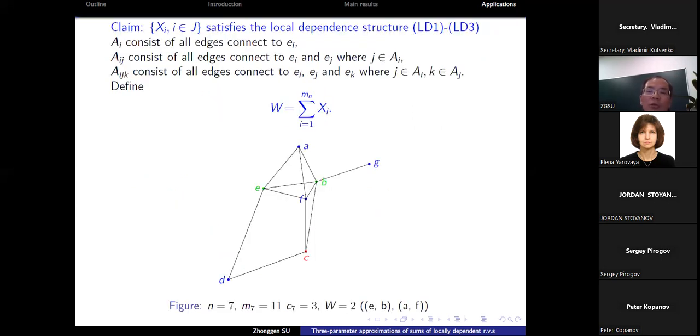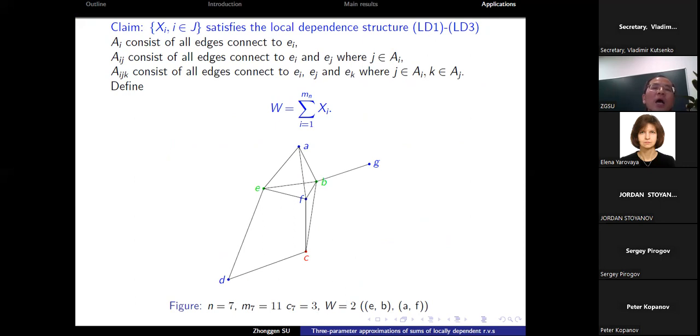Otherwise, it's 0. So in this figure, we have two edges with the same colors on their vertices.